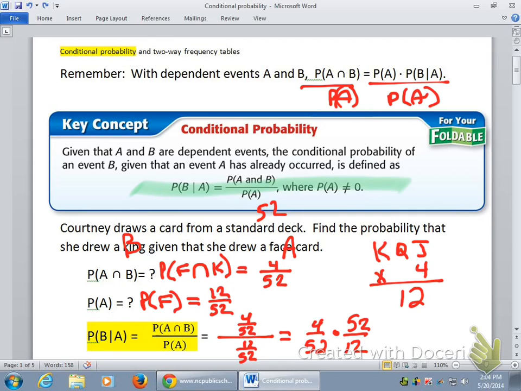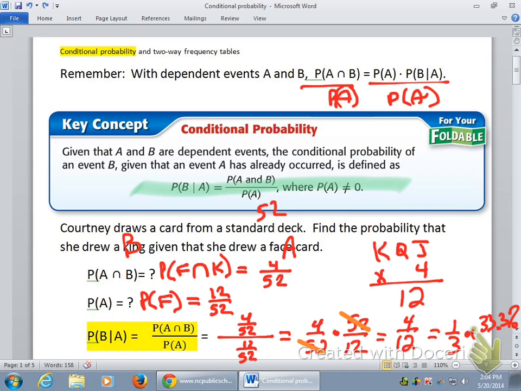And this is where I told you it really didn't matter, because look what's going to happen with your 52s. They're going to cancel out, aren't they? So when those cancel out, you can tell the answer is 4 out of 12, which of course reduces to 1/3 or 33.3%, right?